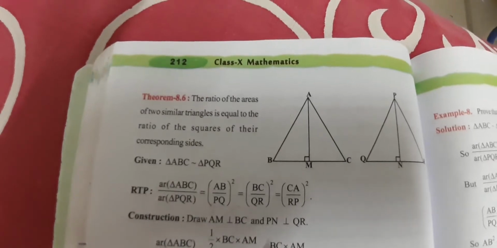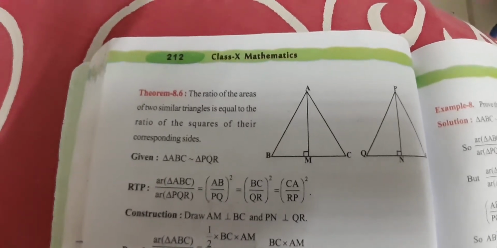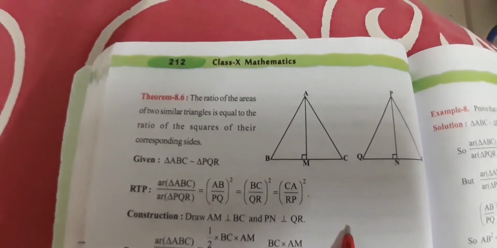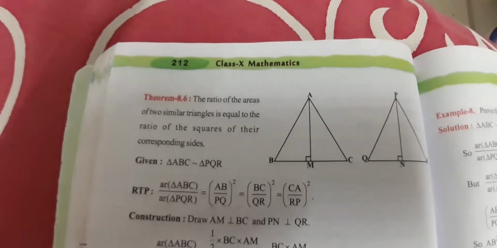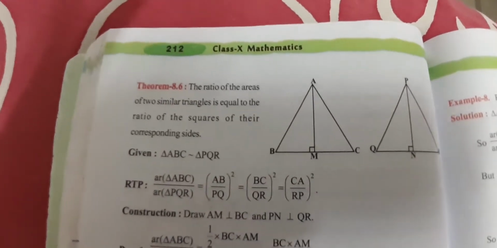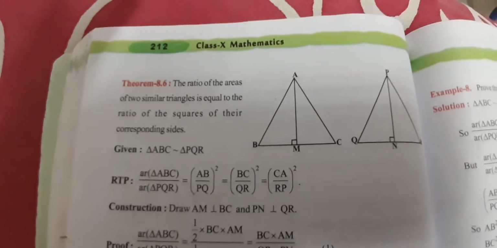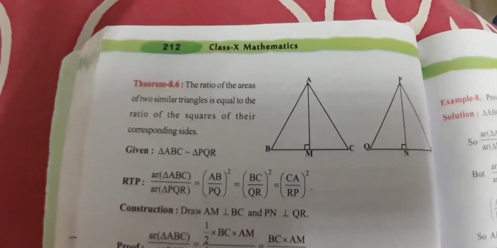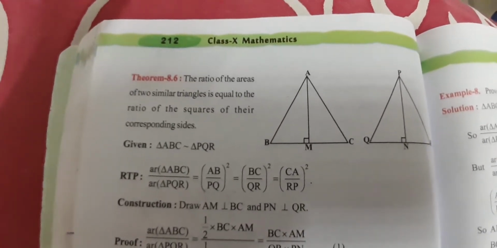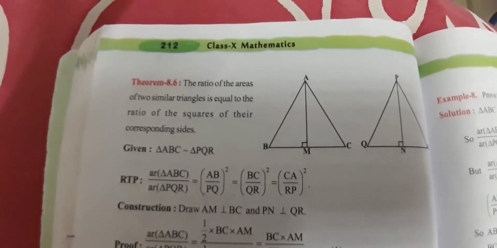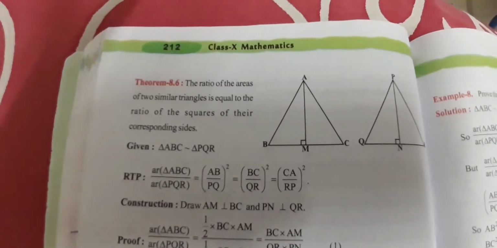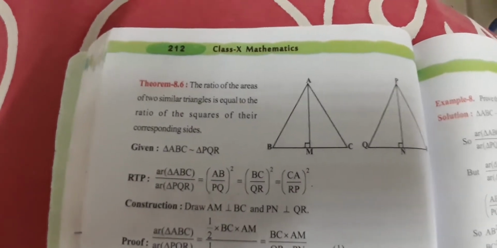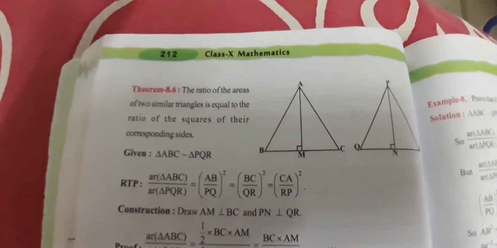Therefore S1 plus S2 plus S3 can be written as K times D1 plus D2 plus D3. So what is happening? The ratio of perimeters is of course equal to the ratio of the sides. But here, the ratio of areas is equal to the ratio of squares of their corresponding sides.